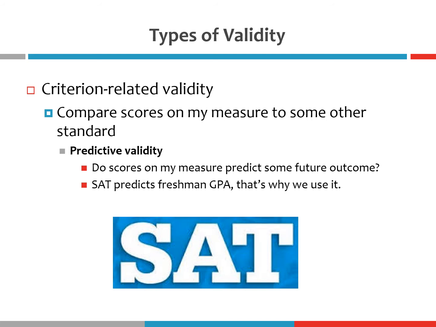For example, the SAT predicts freshman GPA. That's one of the many reasons why colleges and universities use the SAT, because scores on this measure are going to predict how well that particular student does during their first year of college.